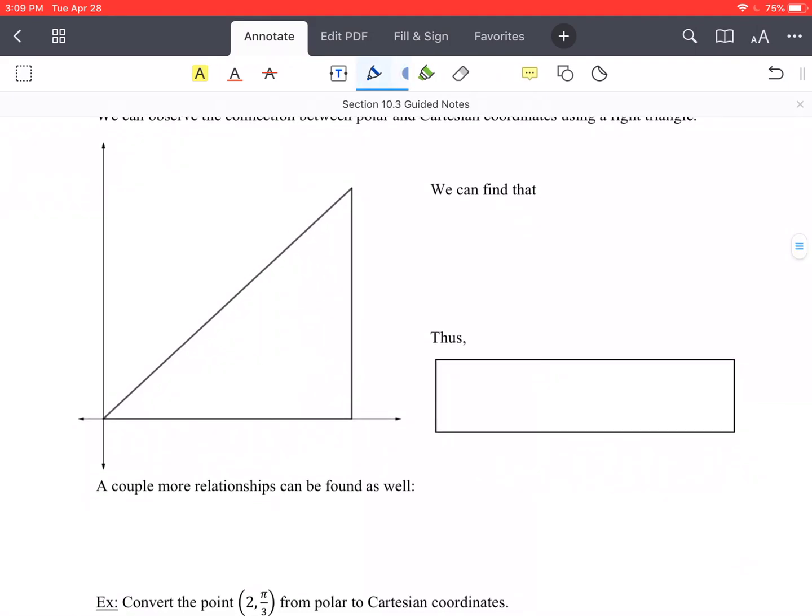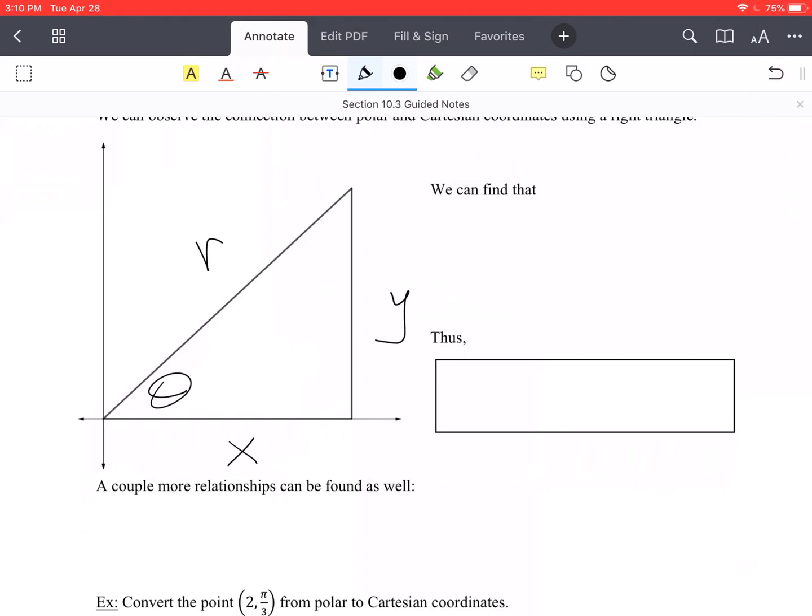So if we set up our angle, so this is our angle theta. Let me put the coordinates on here first. So that's x. That's y. This is r. This is our point r comma theta. Just want to look at the triangle.